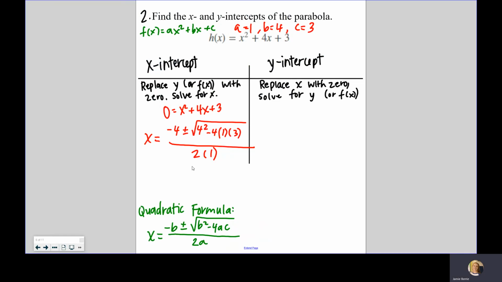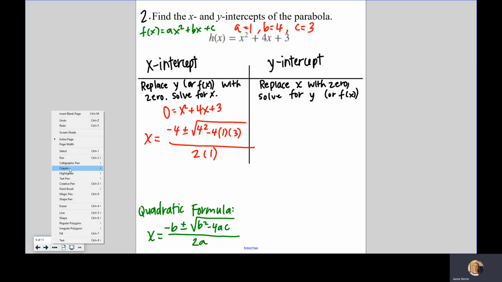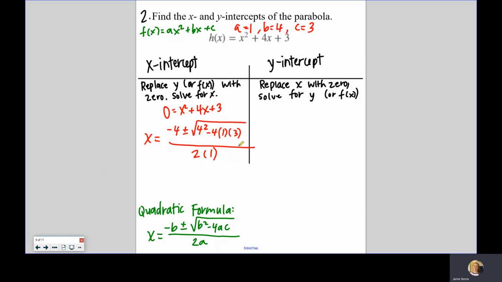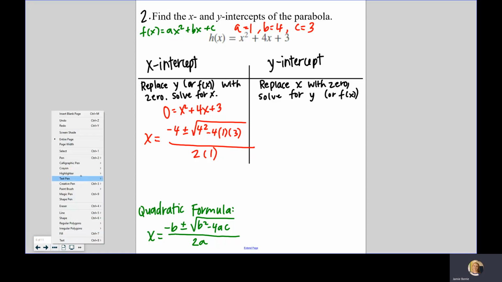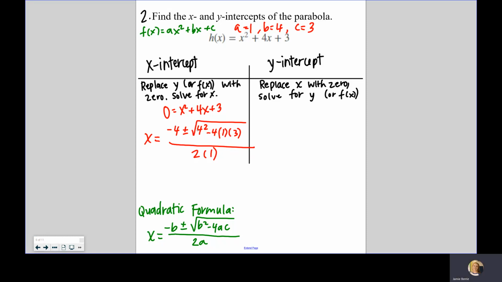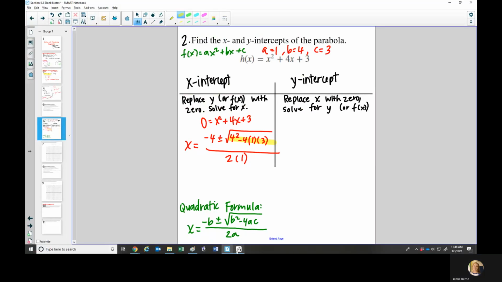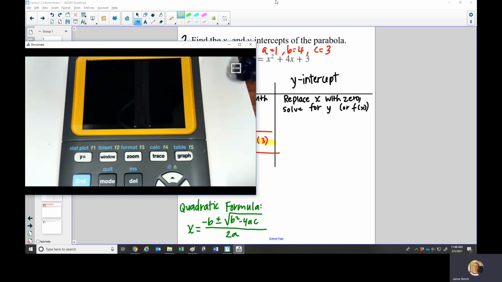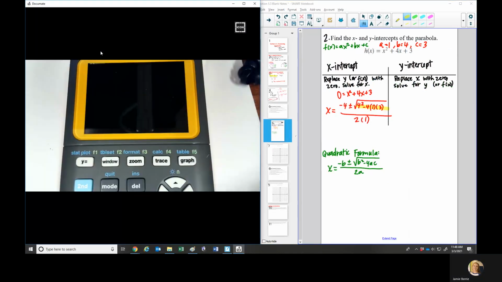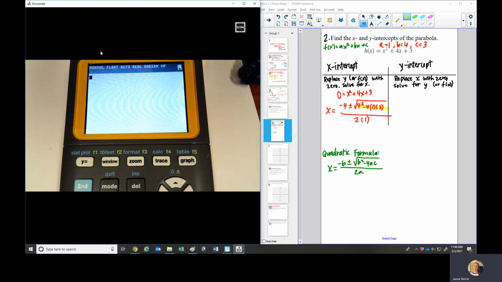All right, so the first thing that I always do is I plug in what's called the radicand first. So whatever's under the radical, that's what I plug in first into my calculator. All right, so let's look at our calculator.